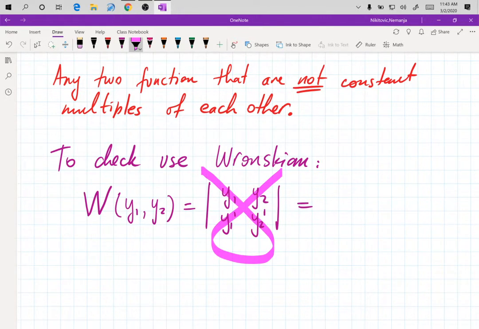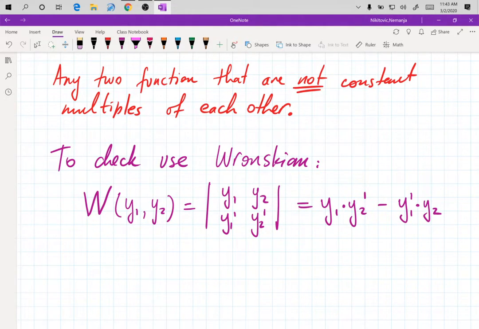So the way I'm computing this is y1 times y2 prime minus y1 prime times y2. Do we all see the symbol over here? As I draw this symbol, I start at y1, I go to y2 prime, then I say minus, and then I go this way and exit there.